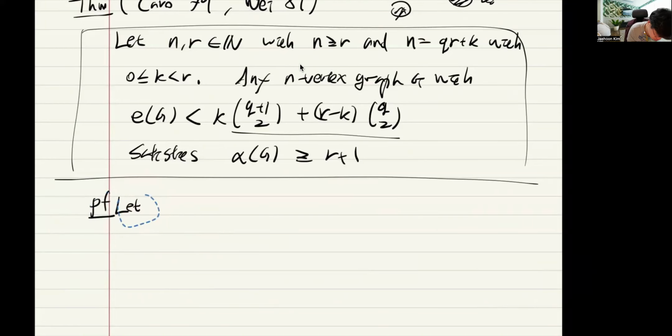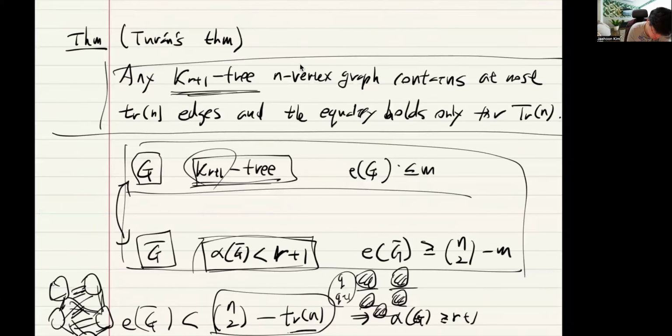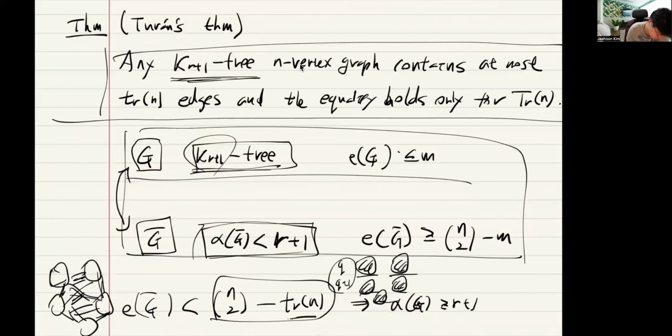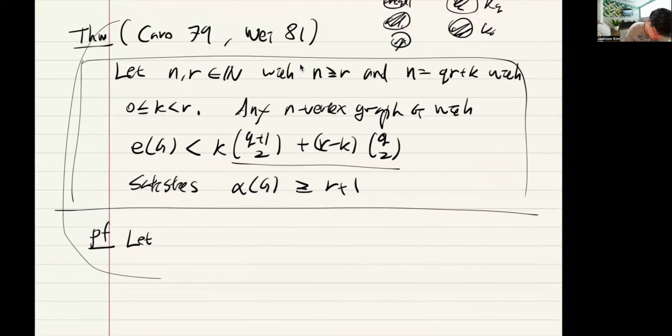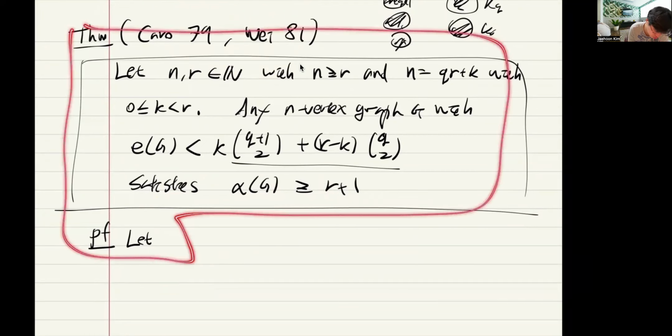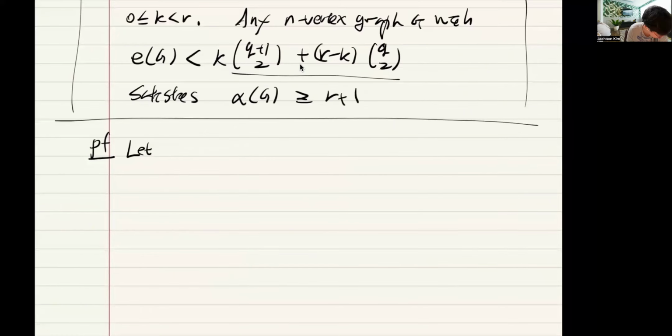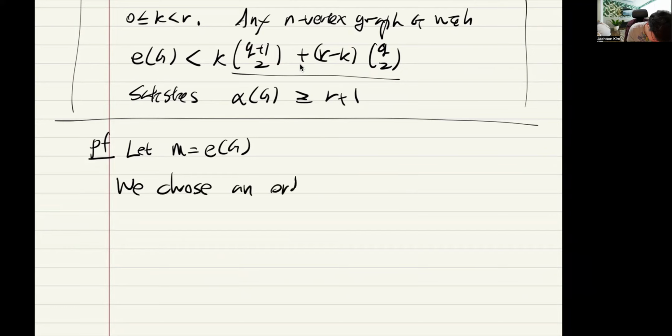Yeah, and the Turan theorem has many proofs, but we want to consider its complement because it's more convenient when we do the following proof, which uses the probabilistic method. So let m be the number of edges in here. What we do is we choose an ordering of vertices.